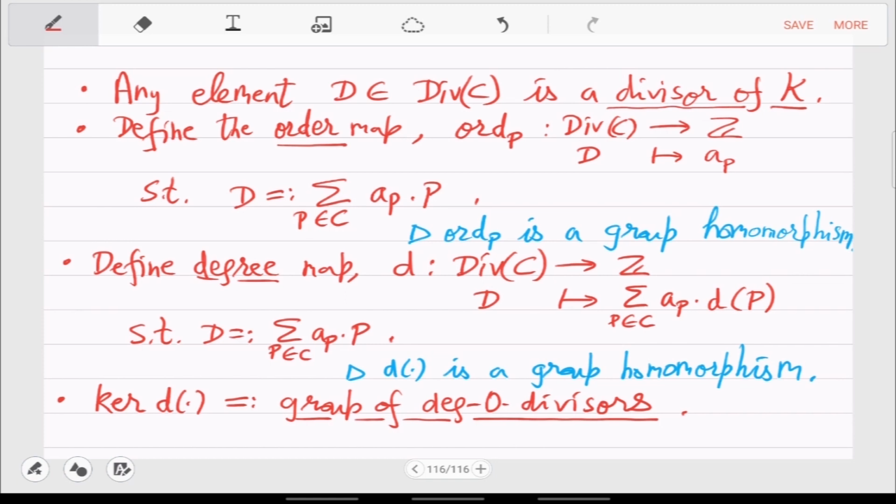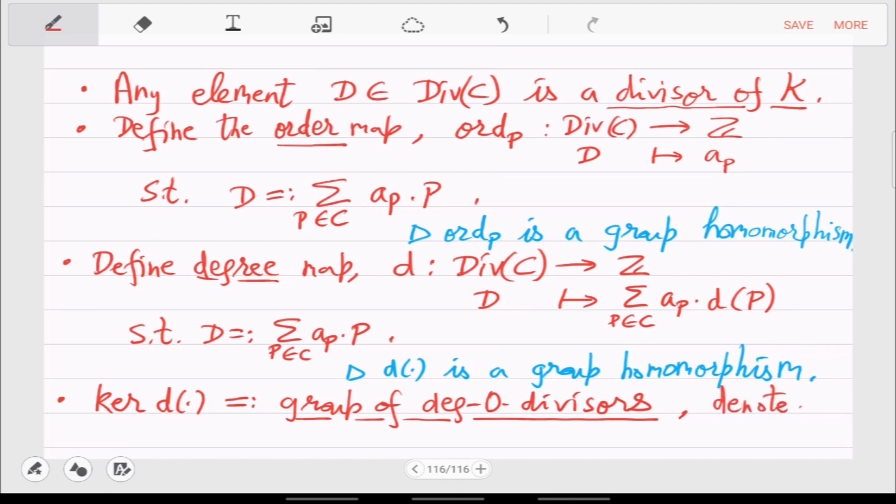For example, it could be P1 minus P2 if P1 and P2 are of equal degree, or if they were actual points, then their degree is just 1. So in that case, P1 minus P2 is a degree 0 divisor. And this has a special notation that we give.